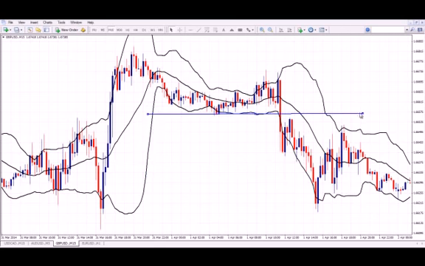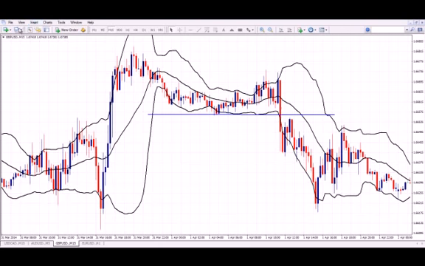Now, what am I talking about, the area of the actual squeeze? Let me explain this to you. When we have a swing high and then a Bollinger Band squeeze and a failure to break the previous high, and then we break with the low of the squeeze, we have a signal to buy puts on this currency pair.